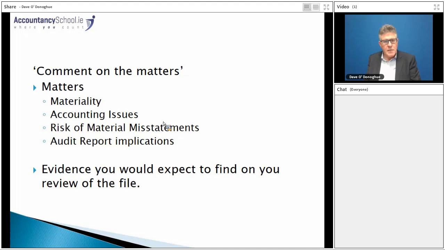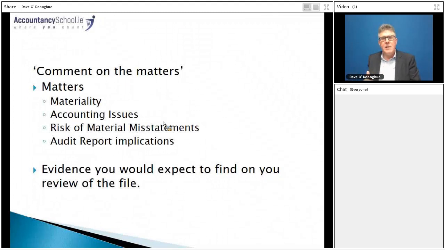You then also need to look at evidence, and talk about the evidence you would expect to find when you review the file. The important thing to keep an eye on is that you're in the shoes of a manager, and what they're expecting you to do is review a file and talk about the evidence you'd expect to see on it. At F8, you'd be a junior person within the audit firm carrying out the work, so you'd be asked to list audit procedures you would carry out.